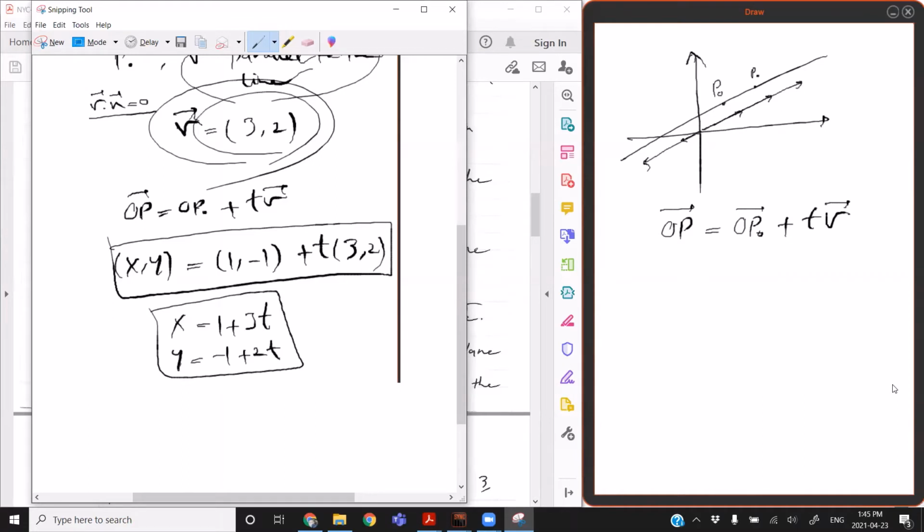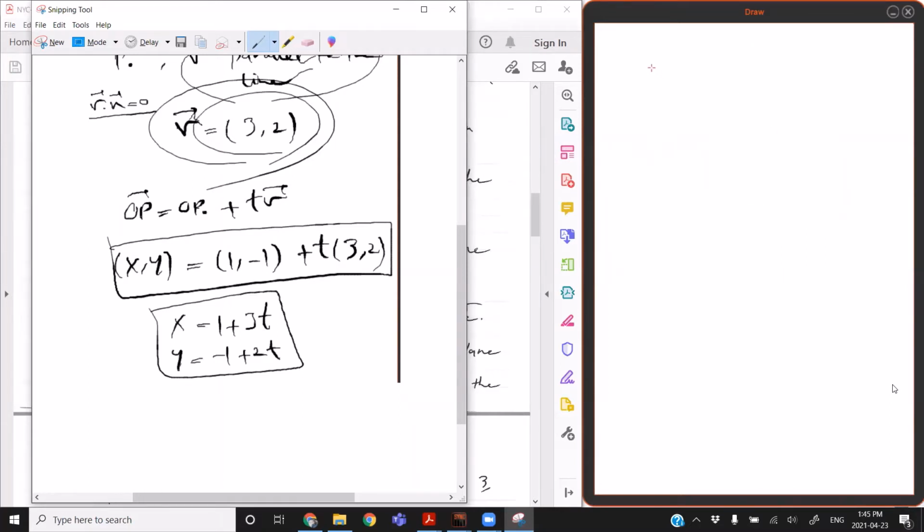So the vector equations may look different, but they're going to be the same set of points, the same bag or collection of points. And I can show you that by eliminating the t. So let's just try that. So this is one set that I found. I found x is 1 plus 3t and y is negative 1 plus 2t.